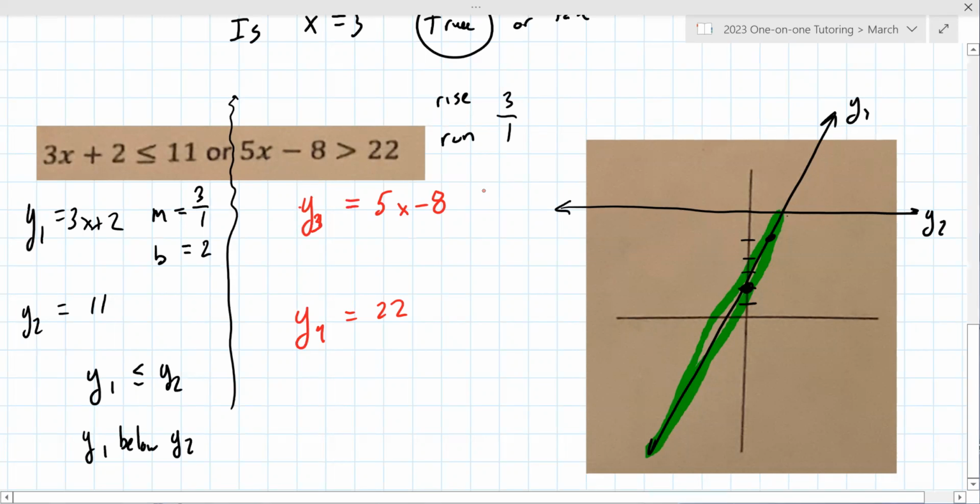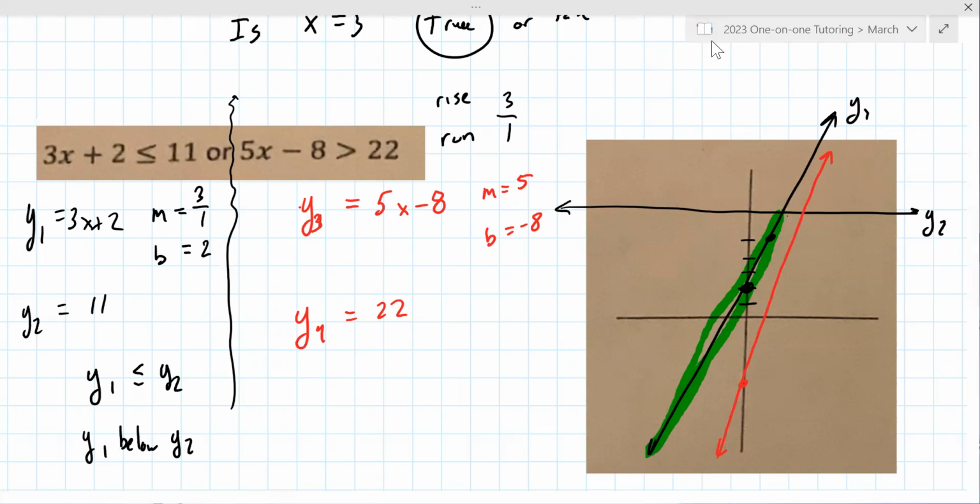Okay. So the first one here, the slope is 5, the b is -8. So we'll just call that -8, and some sort of a line up like that.